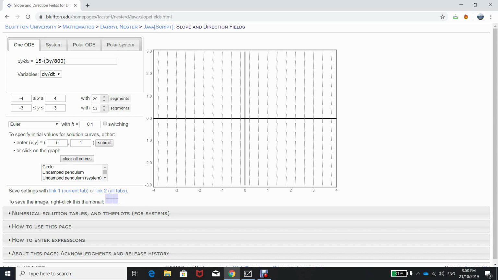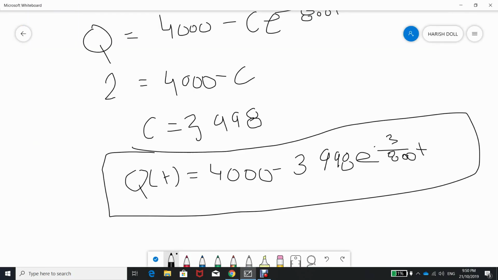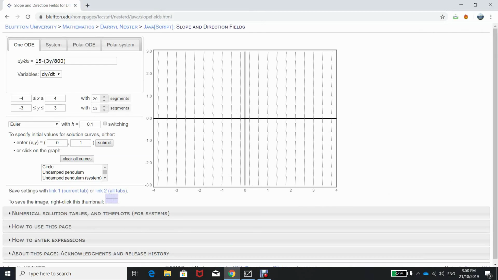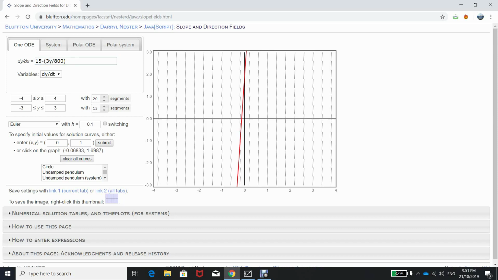Now, if you want to find a solution, we can use our initial condition, that is when t is 0, y or q is 2. So when t is 0, y or q is right around here.